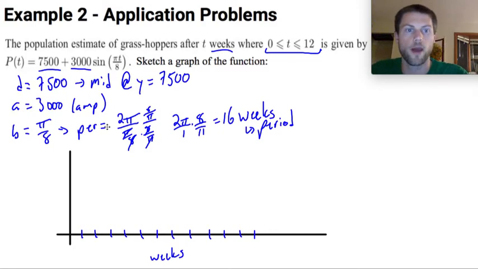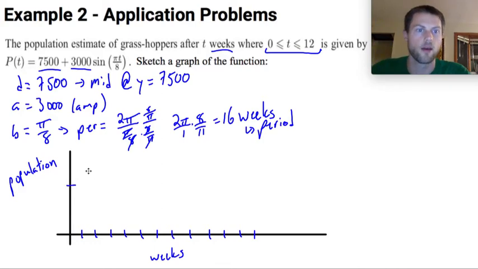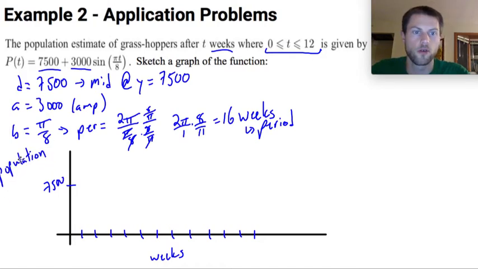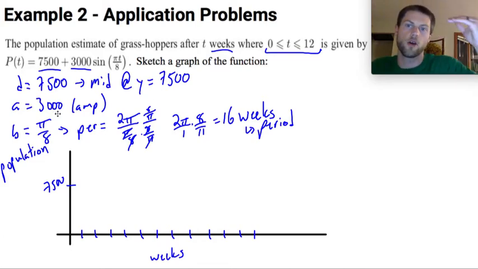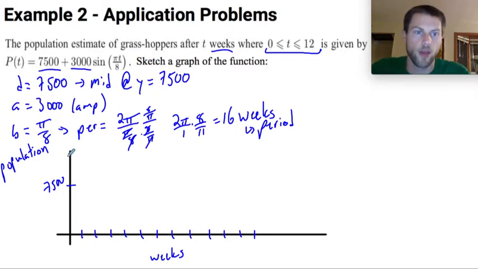And then for my midline and amplitude, I'm going to build my y-axis. This is going to be population. I'm going to start by noting my midline as 7,500. Then I'm going to go 3,000 above and 3,000 below and mark that on my graph. So 3,000 above is 10,500, and 3,000 below is 4,500.